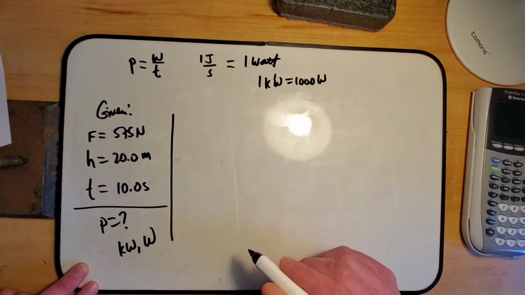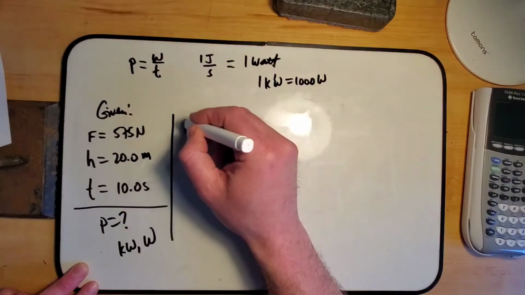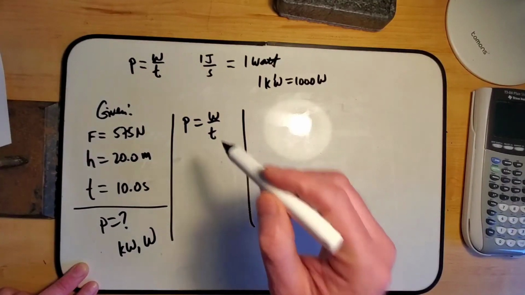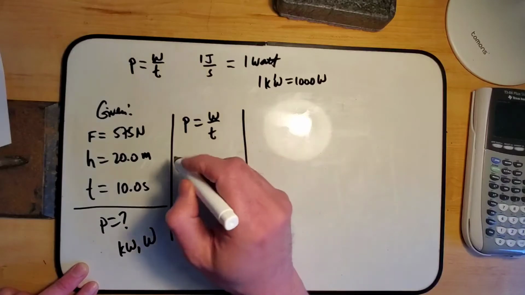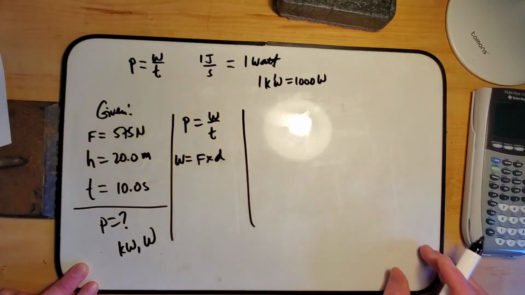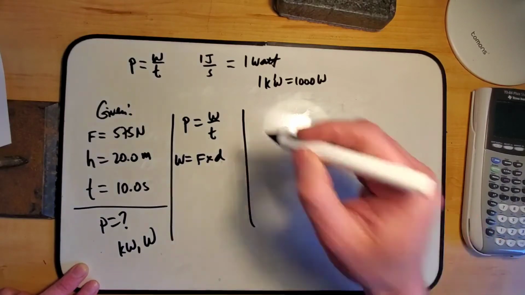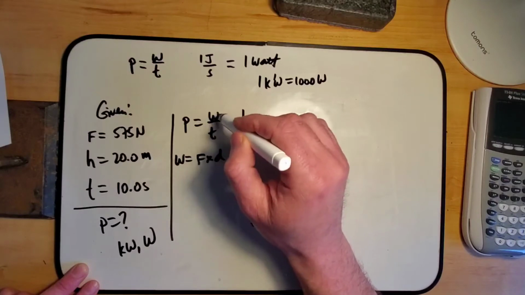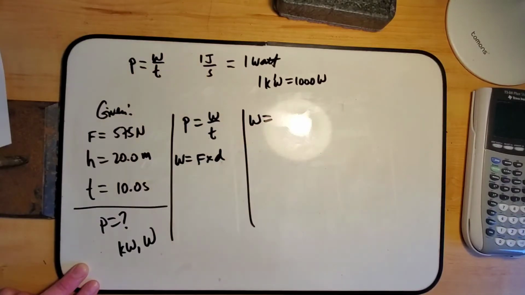Okay, so how do we solve this problem? Well, we know the formula for power is equal to W over t. I don't have the work calculated yet, but the work is nothing else than the force times the distance, from the previous discussion where I already introduced this formula. Once you find the work, you plug it into the original formula and then find the power.